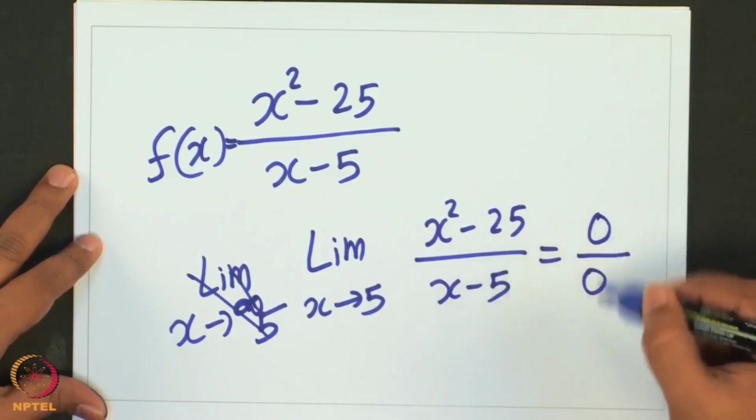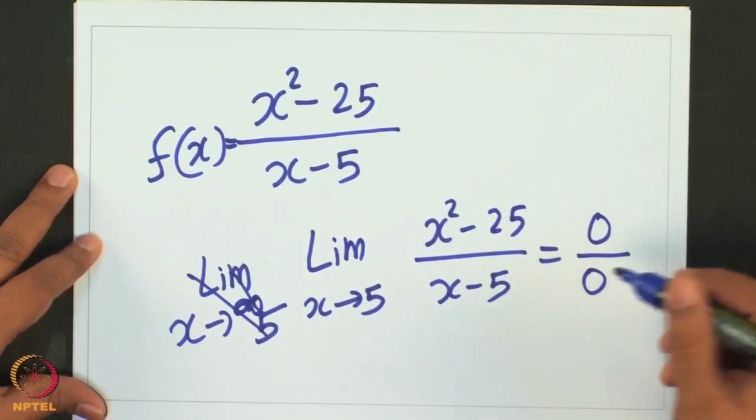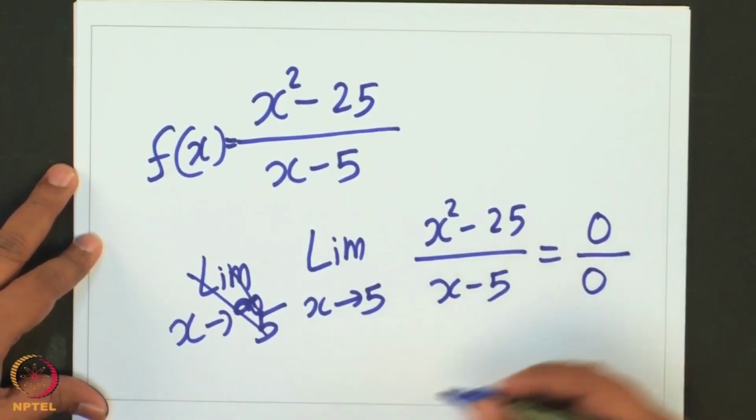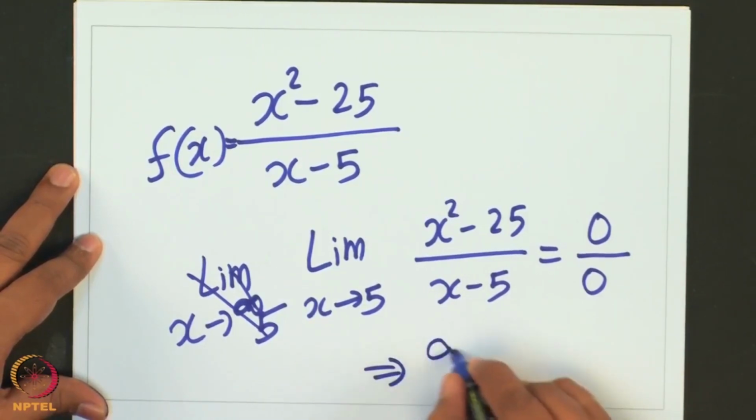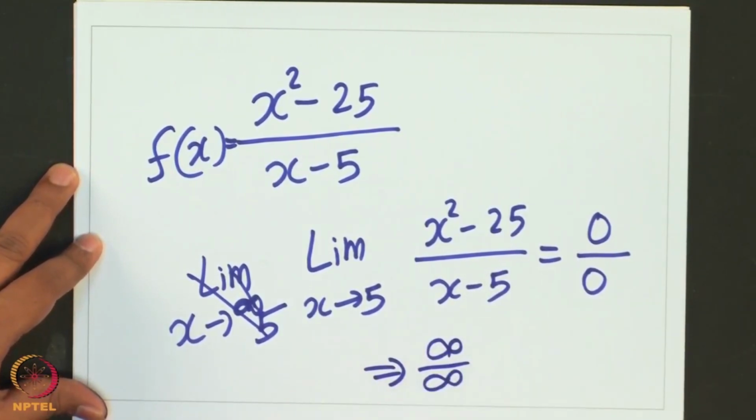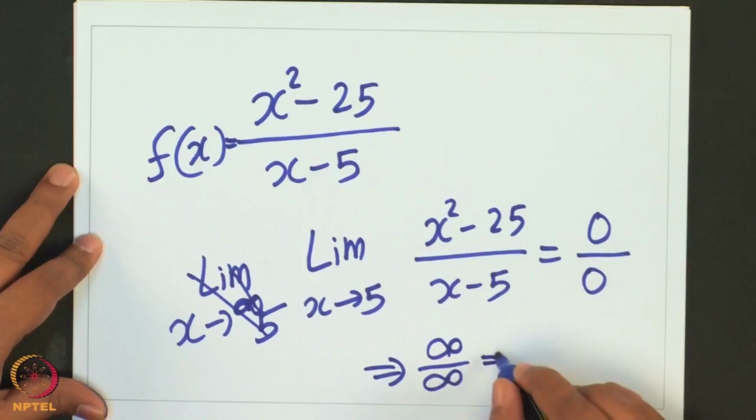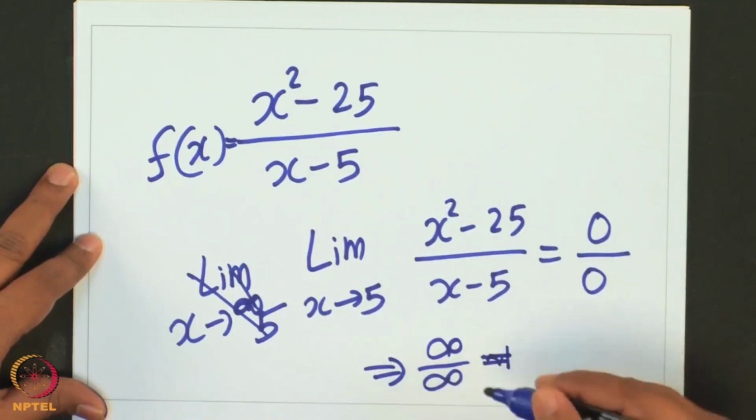Whenever we have such 0 by 0, this is indeterminate. Sometimes you would also get infinity by infinity, which is also indeterminate.